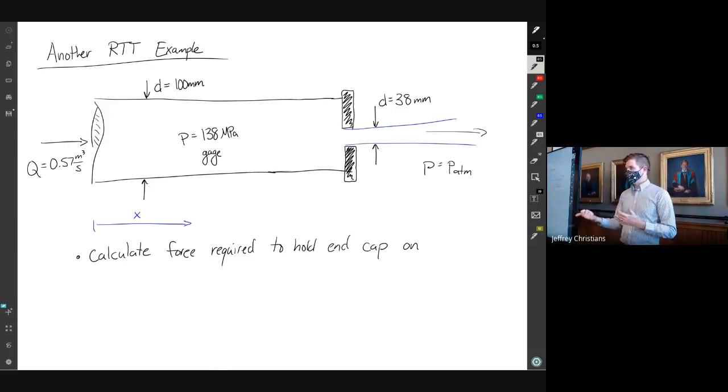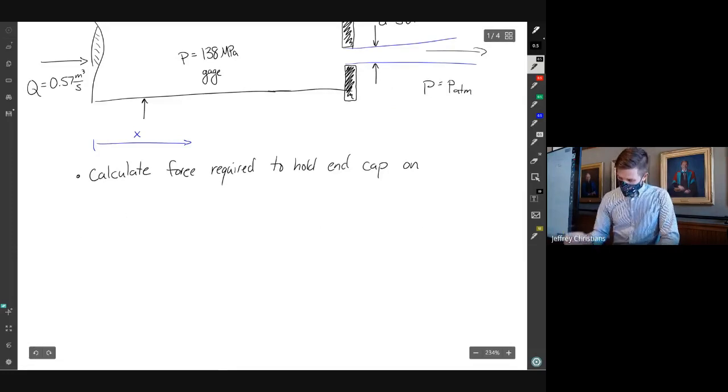So we care about, in this problem, forces. So we care about F equals ma, right? That's the thing that is going to be the most important for this. So we'll start with the linear momentum equation.